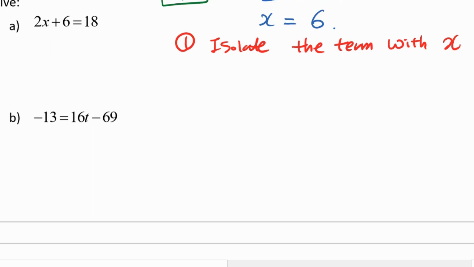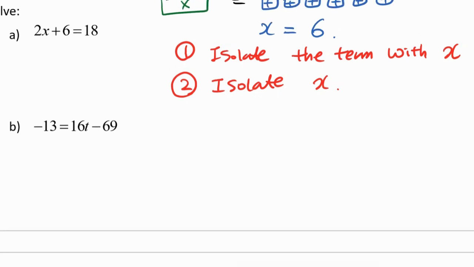That is your first step. Second, then isolate x. So this is your 2 steps. You're going to isolate the term with x and then isolate x to find x, right?